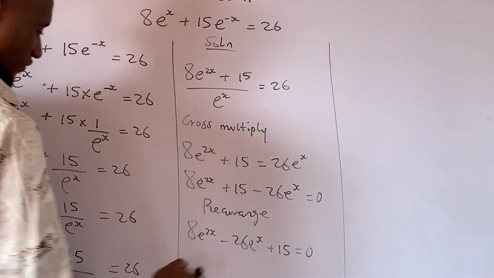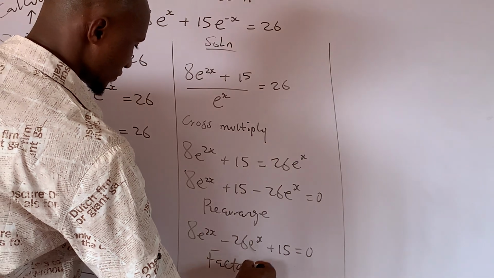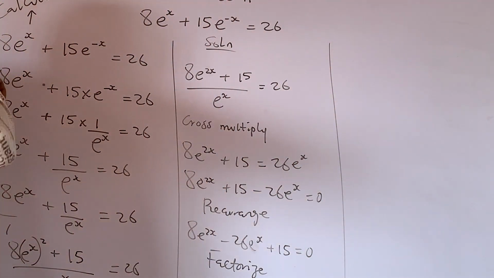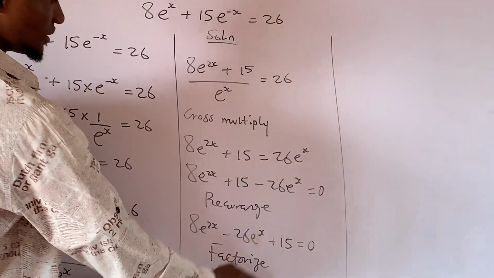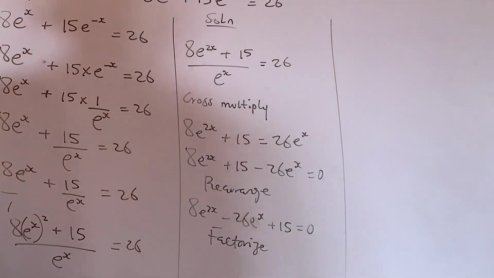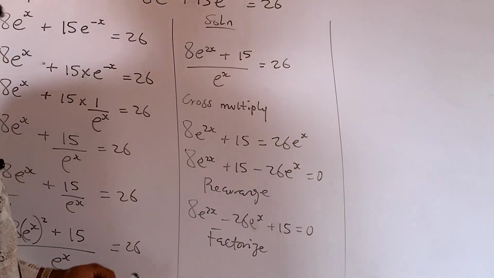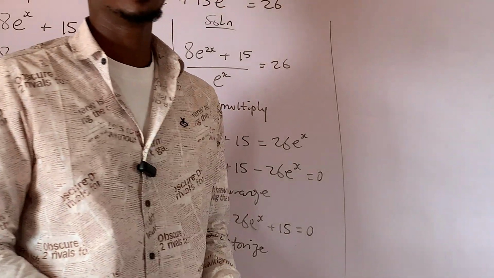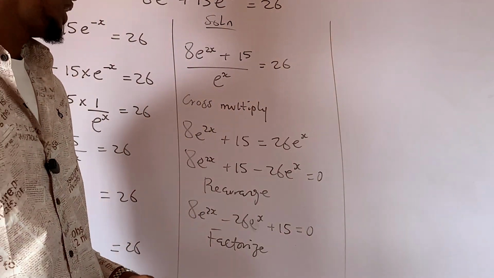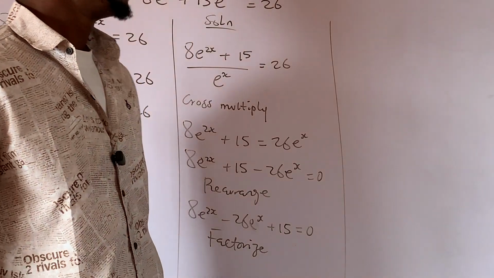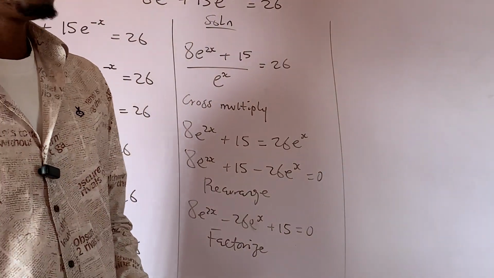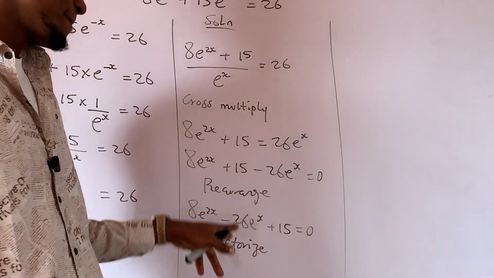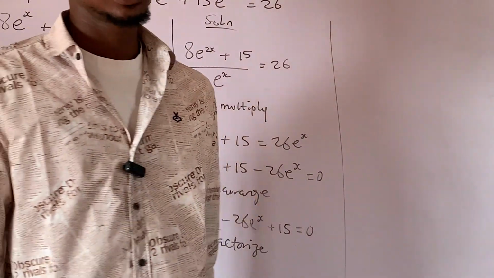Next thing you do, factorize. How then do you factorize? So remember I taught you factorization and I told you about the types of factorization. But in here, we need 2 factors that will give us 26, which are minus 20 and minus 6.